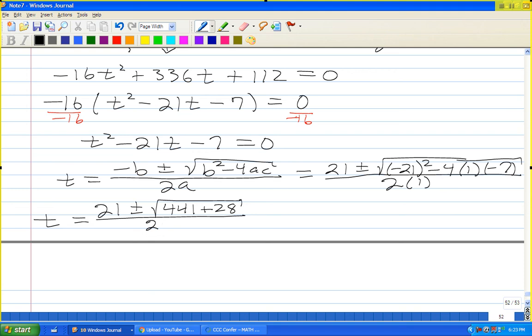And so I have here 21 plus or minus the square root of 441 plus 28, 469, over 2.